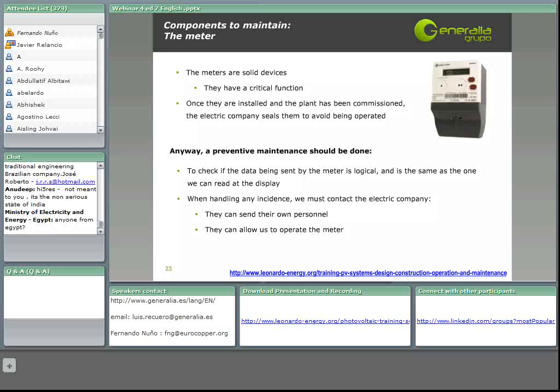Even before the plant operation, the preventive maintenance must already be taken into account. During the plant design, during the component provisioning, during the component reception, when selecting the equipment and its guarantees, and when selecting our insurance contract.